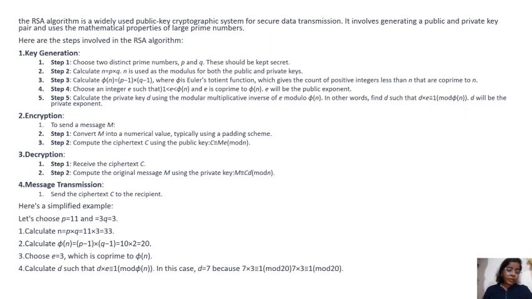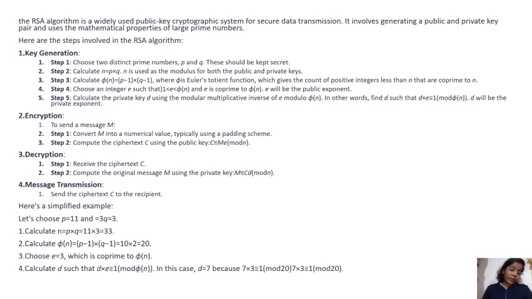Here is a simple example. Let us choose p equals 11 and q equals 3. The first step is calculating n equals p into q, 11 into 3, which equals 33. Calculate phi of n equals (p minus 1) into (q minus 1), that is 10 into 2, which equals 20.